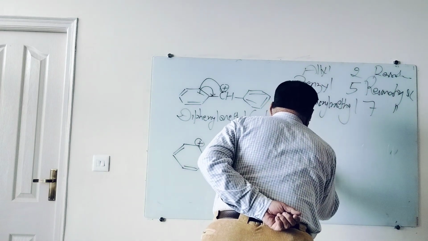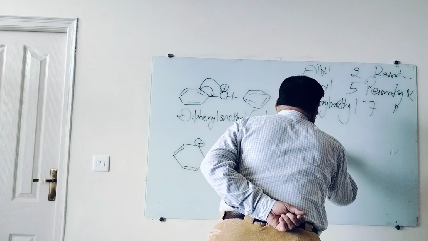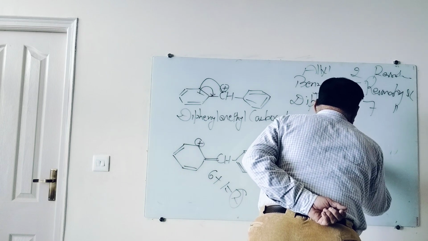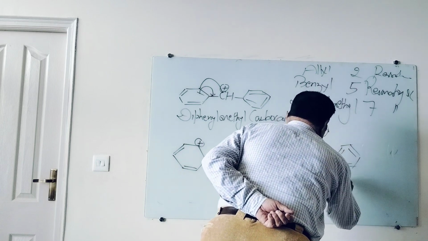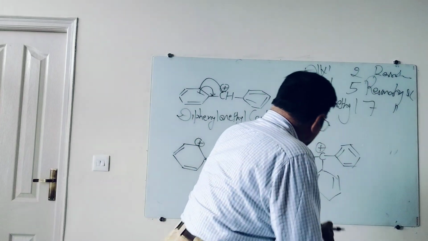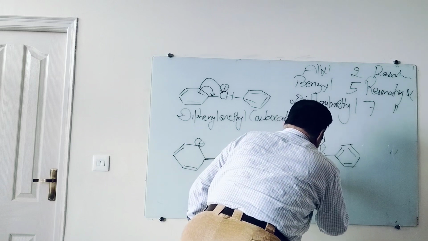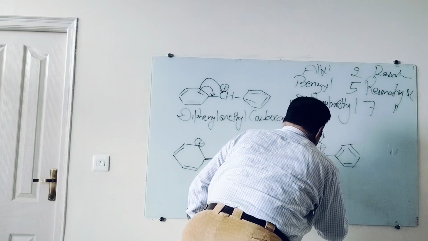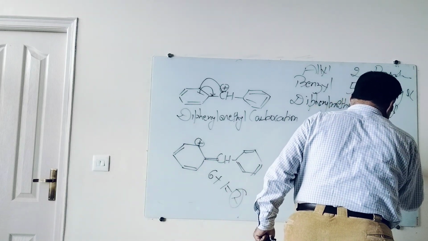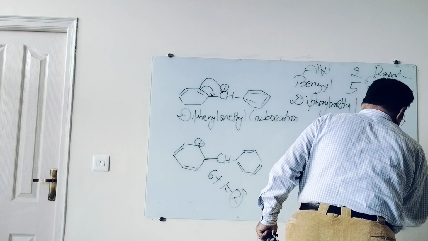If I replace one more hydrogen by the phenyl group, that will become triphenyl methyl carbocation. This is what I am talking about. Sorry, I will rectify it. This is nothing but triphenyl methyl carbocation.